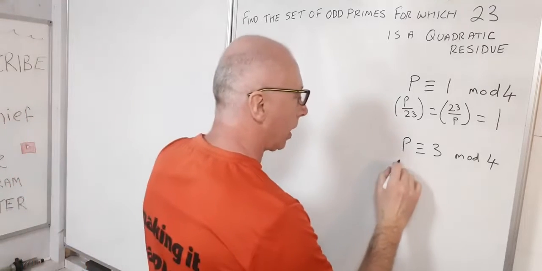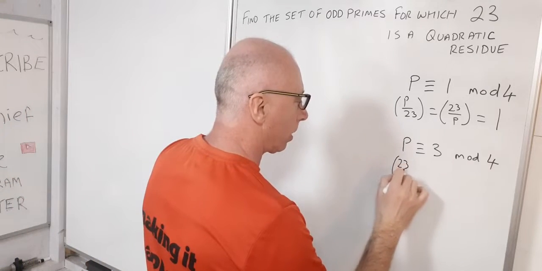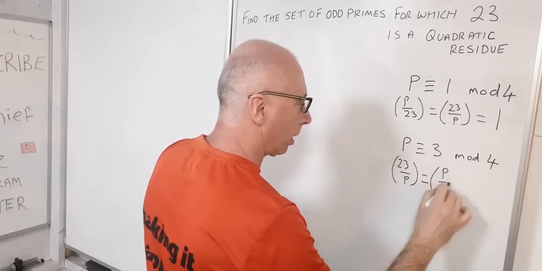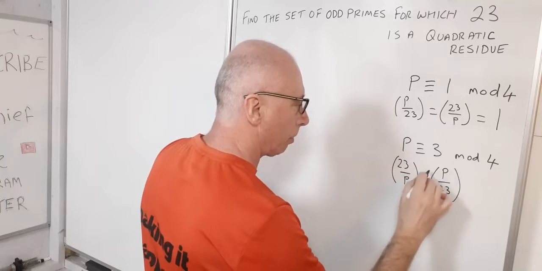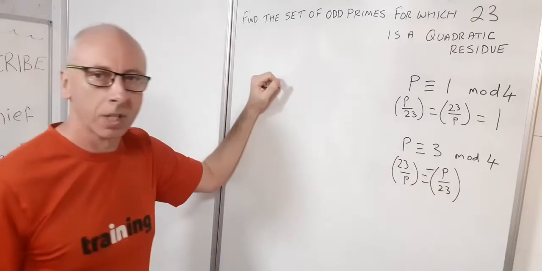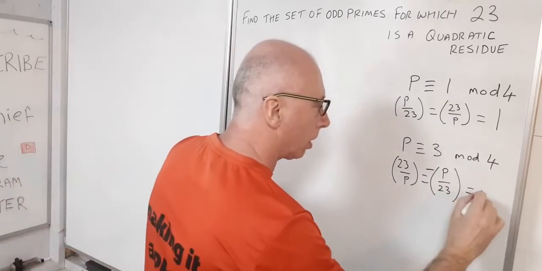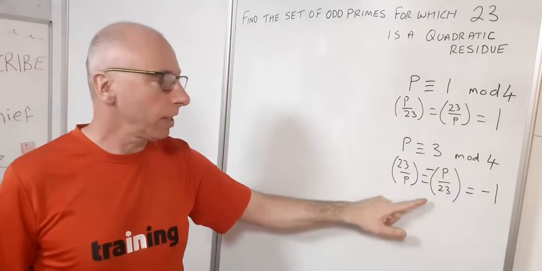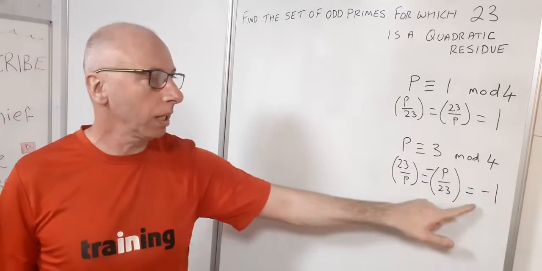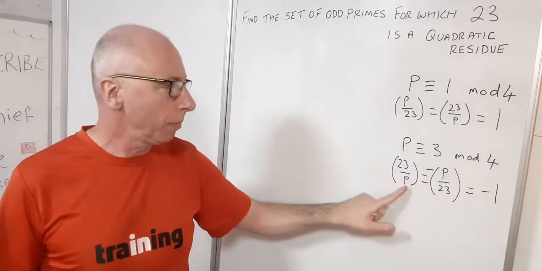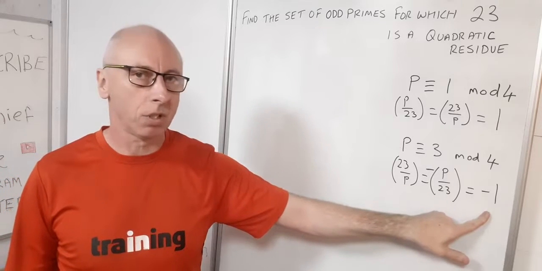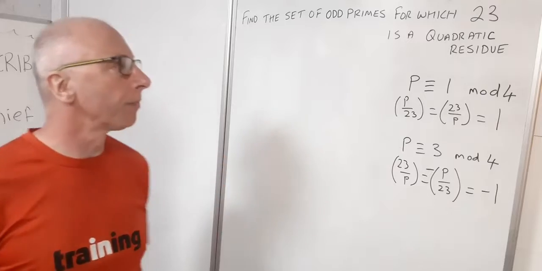So we have (23/P) equals minus (P/23), and then this equals minus 1. So that would tell us in the Legendre symbol, (23/P) equals minus 1, and P would then tell us that is not a quadratic residue. That's the resulting situation we've got here.